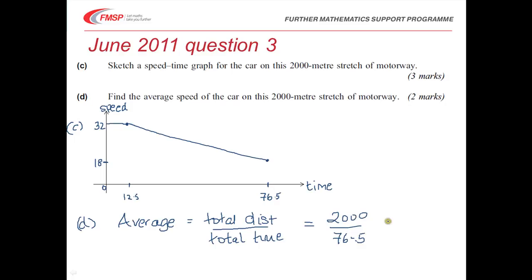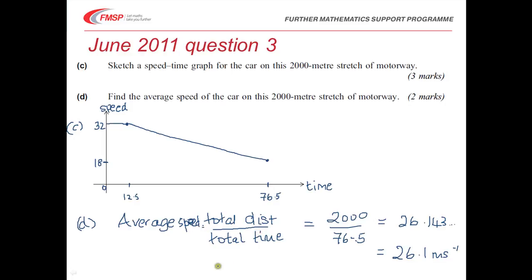If we work that out, that comes to 26.143..., but again we'll give our answer to 3 significant figures. So the average speed, and I notice I didn't put in the word speed here, but I think we're all right. Average speed, total distance over total time.